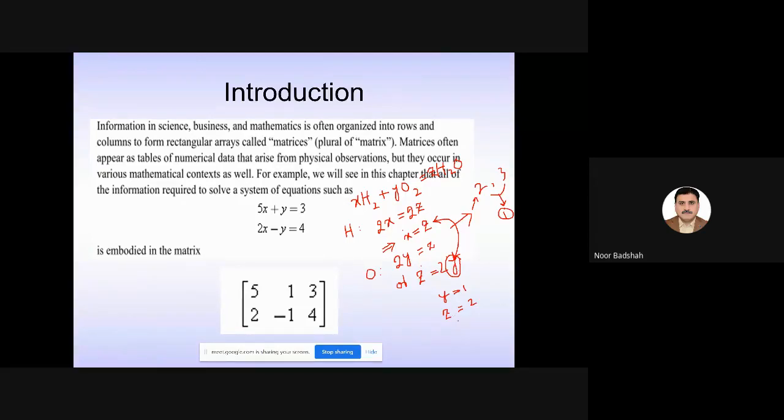What about x? x is also equal to z, so x is equal to 2 as well. If you put these values here, replacing x with 2, y with 1, and z with 2, this chemical reaction will be balanced: 2H2 plus O2 equals 2 times H2O.